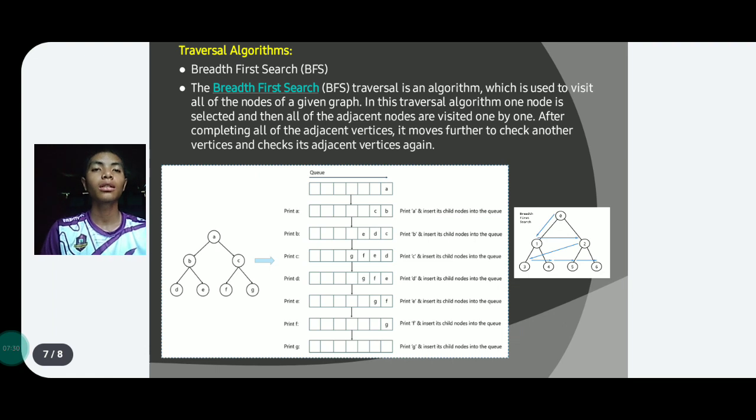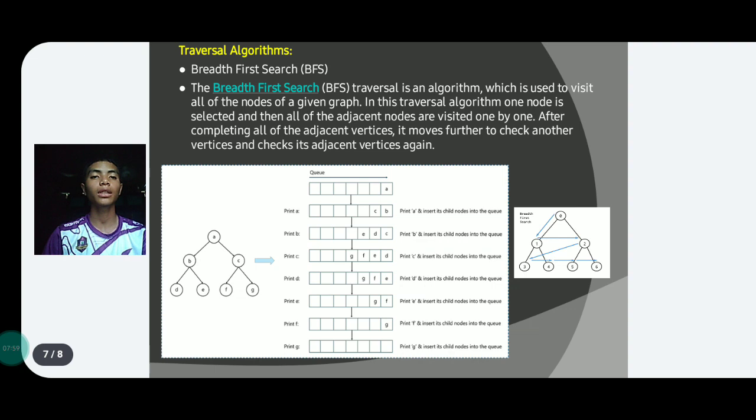Next, traversal algorithm. Breadth first search (BFS). The breadth first search (BFS) traversal is an algorithm which is used to visit all of the nodes of a given graph. In this traversal algorithm, one node is selected and then all of the adjacent nodes are visited one by one.